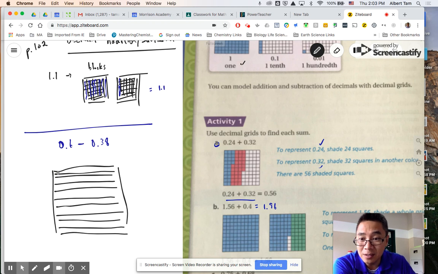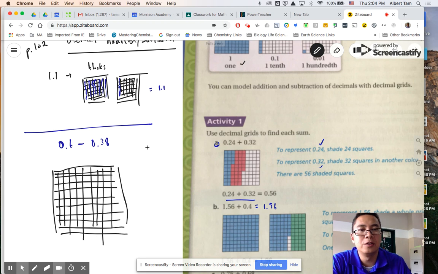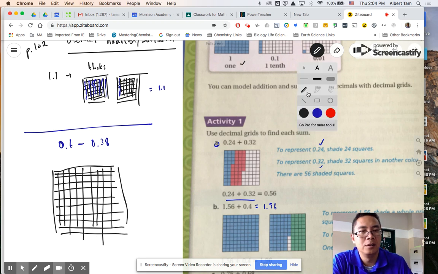And on this one, sorry guys, I should have drawn this before. 2, 3, 4, 5, 6, 7, 8, and 9. Good thing I have an eraser, so I can clean that up. In the future, I will just give you grid paper to do this. You're not going to be drawing blocks that look so gross like this.